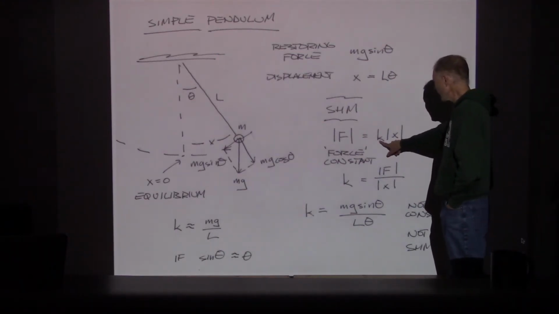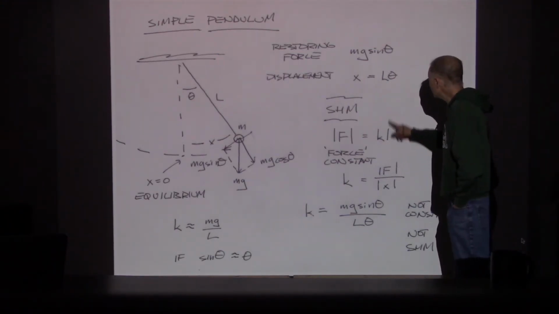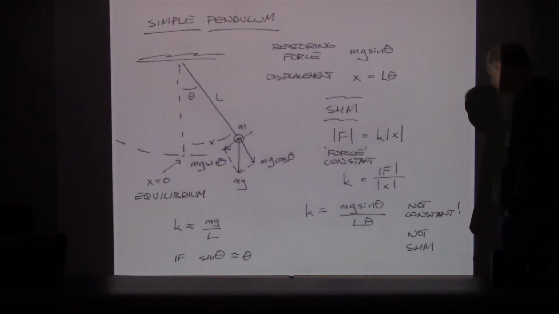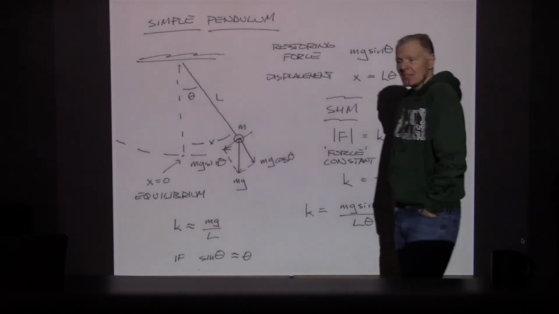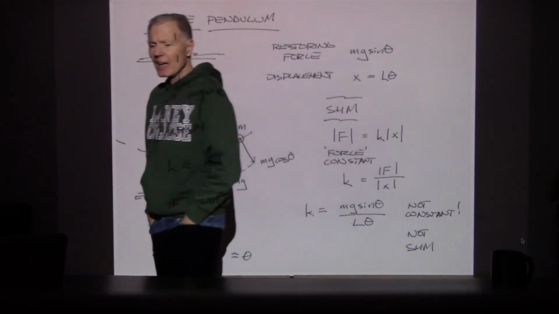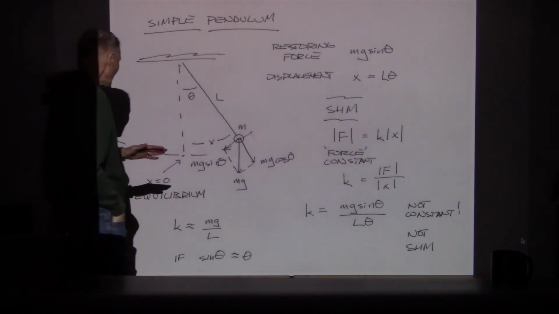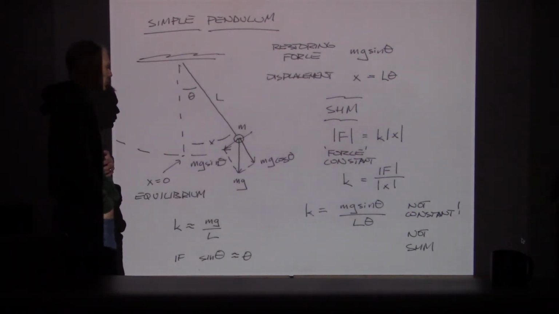I can solve for that force constant by taking mg sine theta and dividing through by L theta. But sine theta is not the same thing as theta. They don't cancel out, and so k is not a constant. K varies along that path. So we're not going to have something that's exactly a sine or a cosine.